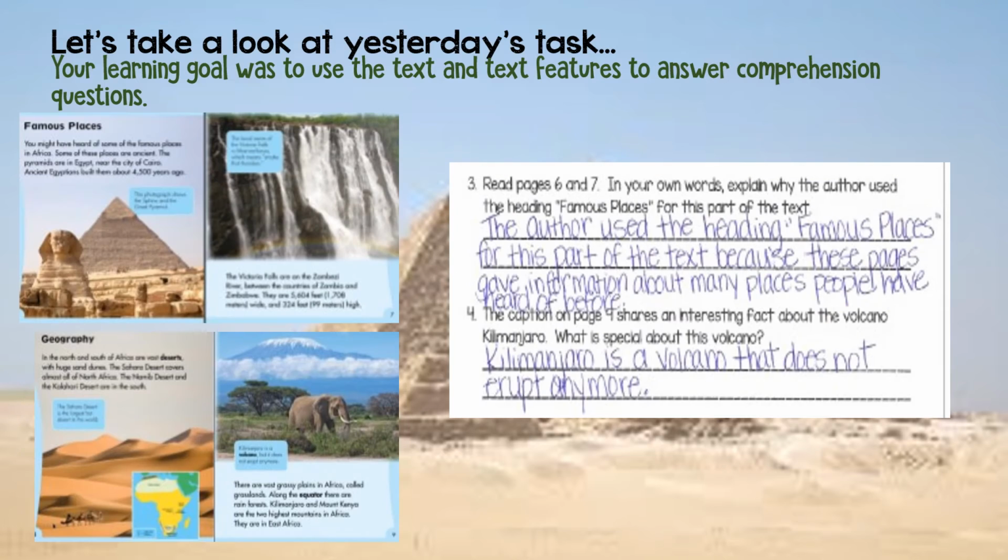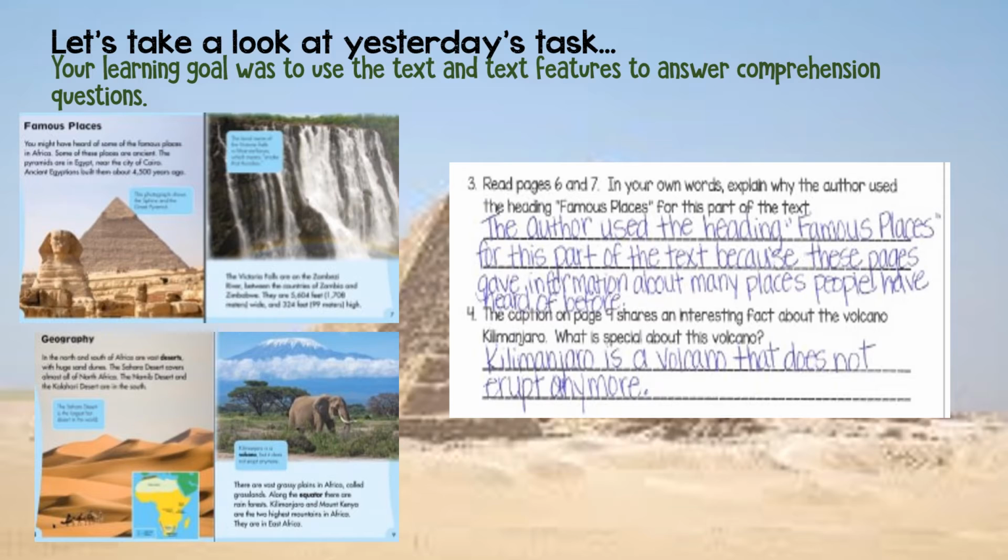For the next 2 questions, I've put the text on the left and I've put the questions on the right. For the questions, I've used the text and answers that you submitted from Edsby. Question number 3. Read pages 6 and 7. In your own words, explain why the author used the heading Famous Places for this part of the text.